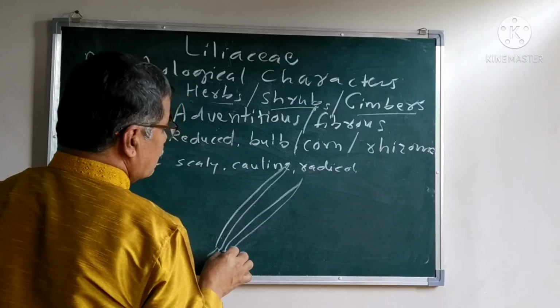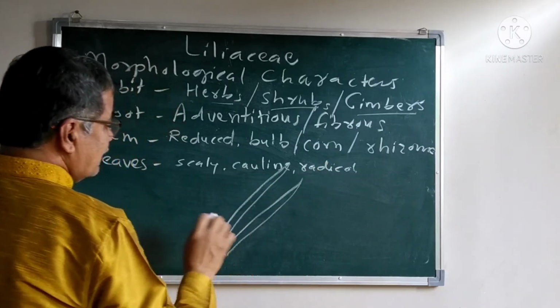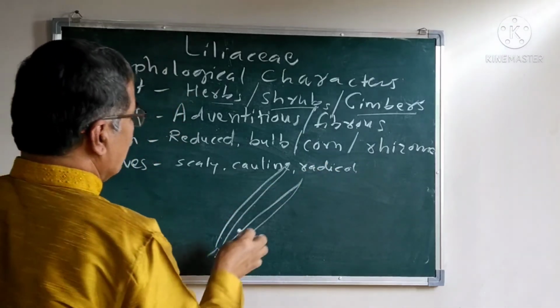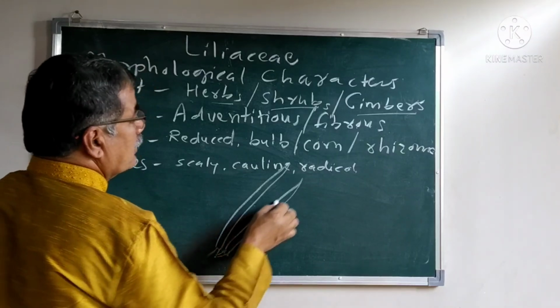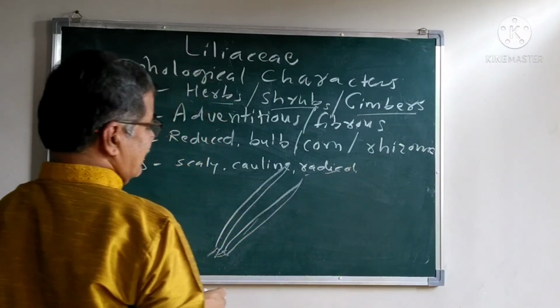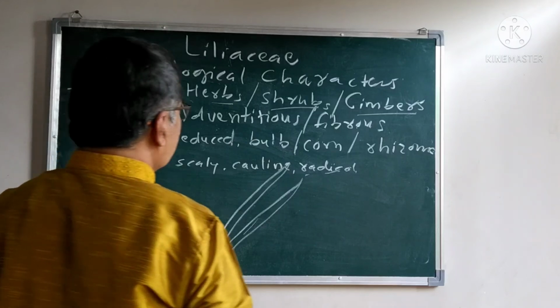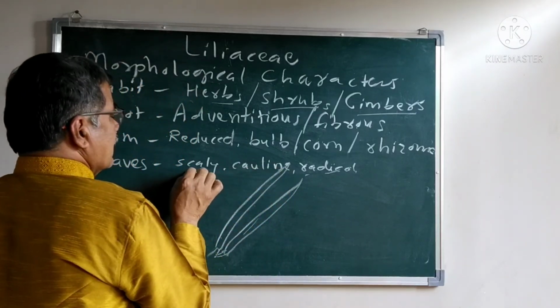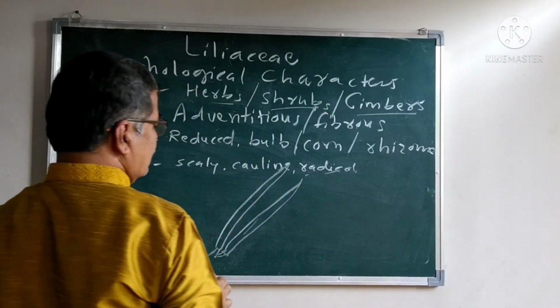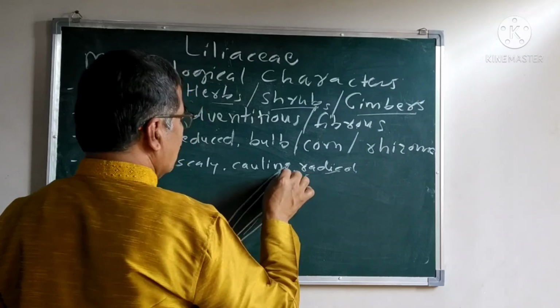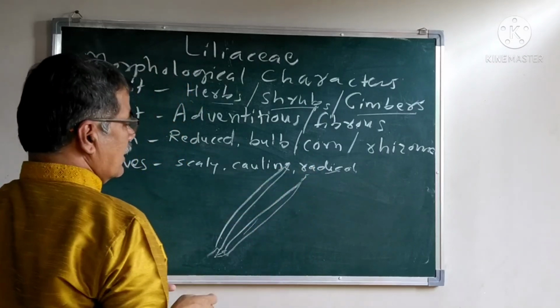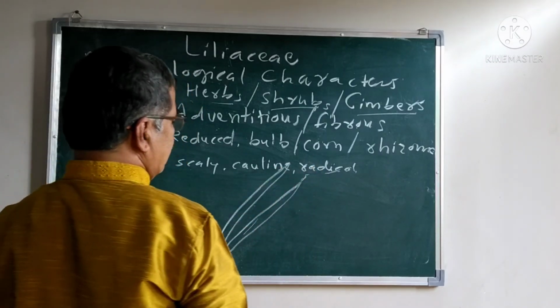The leaves are tubular, with a hollow tube-like structure from the inner side, that is known as radical. In asparagus, it is scaly. In Allium cepa and Allium sativum, the leaves are radical, cauline, cylindrical.